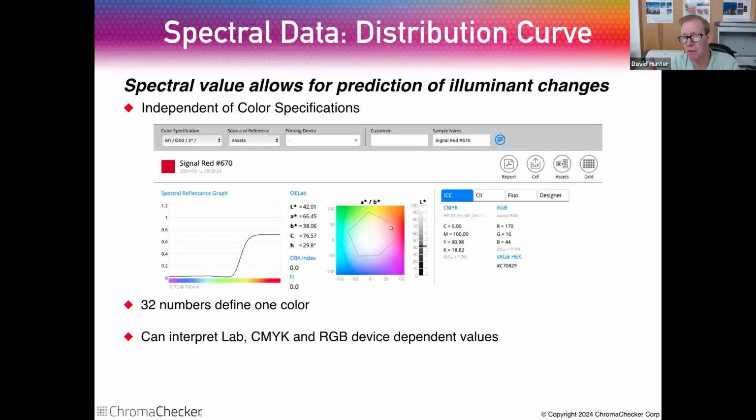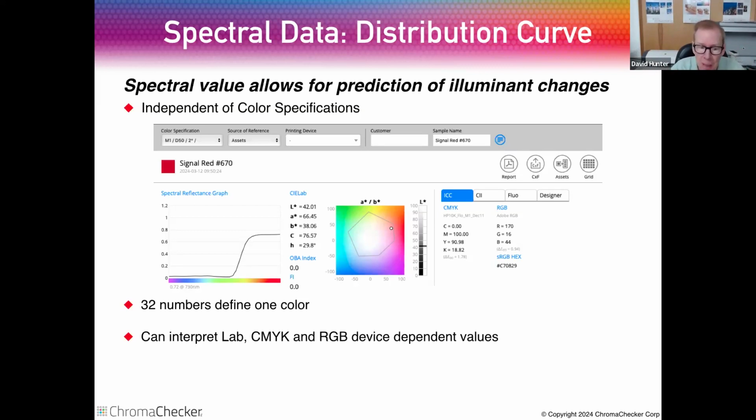If I want to render that color on my monitor in Adobe RGB, I would use 170 red, 16 green, and 44 blue. And if I wanted sRGB, there's a hex number for it. So in this way, spectral data is ideally what you want to use to define all your colors, and any color library that you use, ideally you want it in a spectral format.